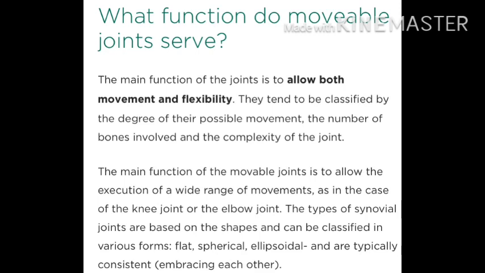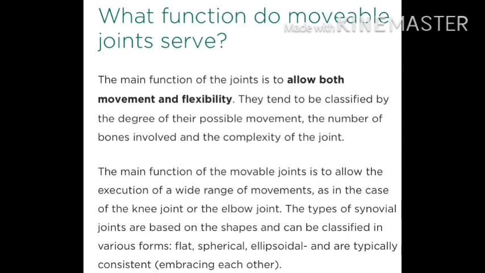What function do movable joints serve? The main function of the joint is to allow both movement and flexibility. They tend to be classified by the degree of their possible movement, the number of bones involved and the complexity of the joint.